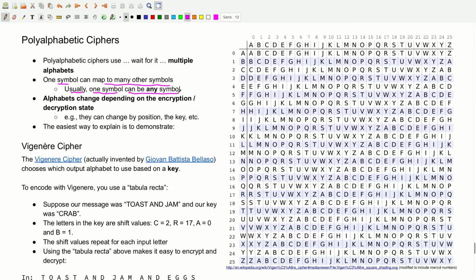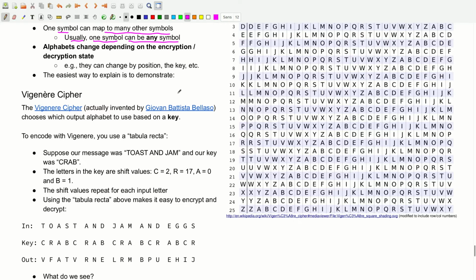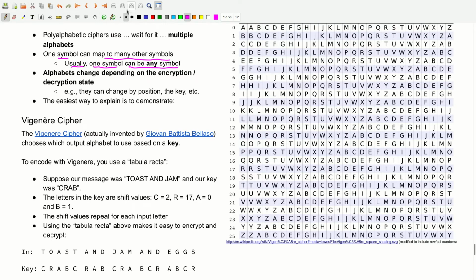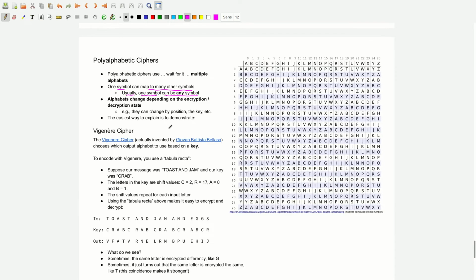The easiest way to describe a simple fixed polyalphabetic cipher is to demonstrate the Vigenère cipher. Okay? And the Vigenère cipher chooses the output alphabet based on the key that is chosen. Okay, so I'm going to zoom out a little bit so that we can see all of this.